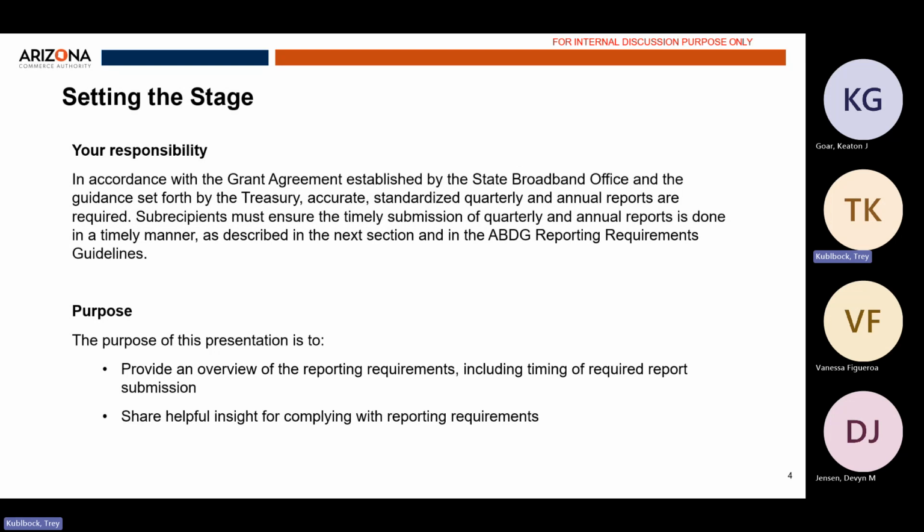It's extremely important that subrecipients submit accurate information in the reports that are required. It's also extremely important that the reports are delivered on time. Otherwise, there may be a delay to reporting this information to Treasury.